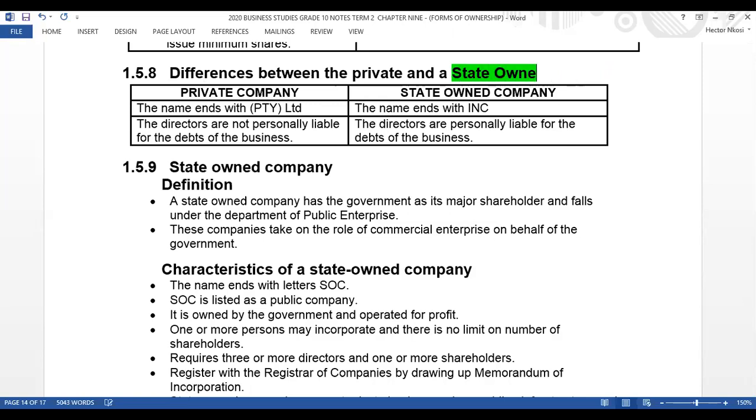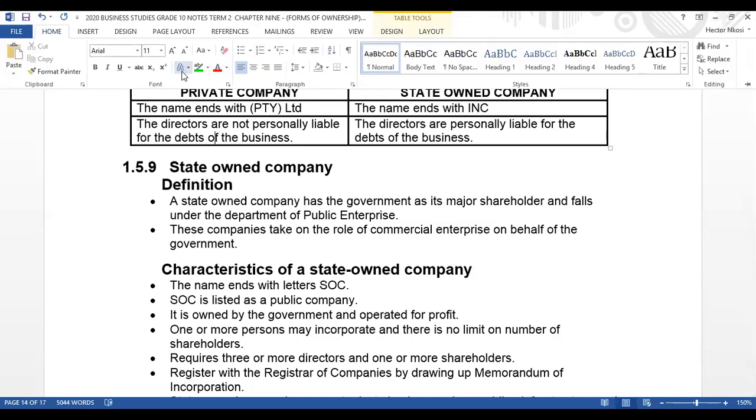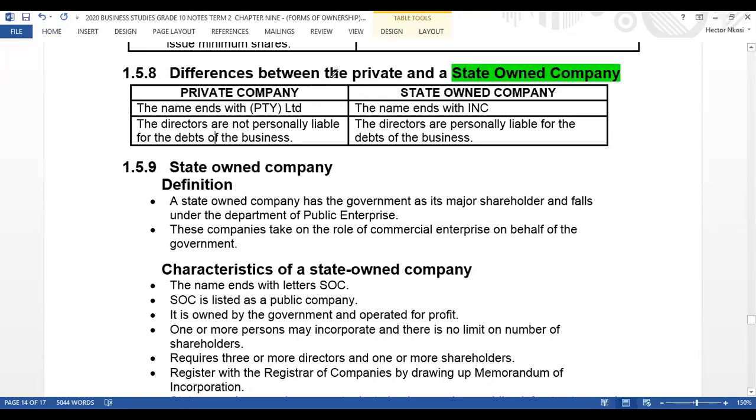So it's your state-owned company, right? Okay, I need my highlighter again. So we're looking at private and state-owned company.